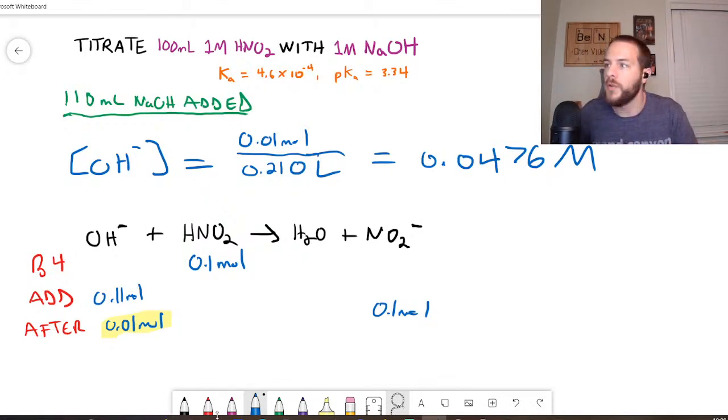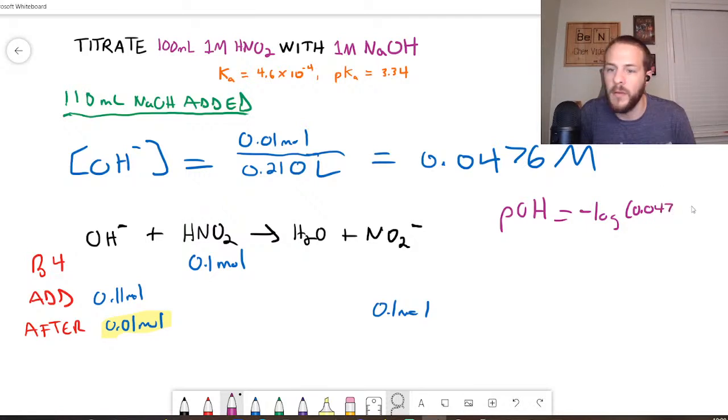And then we can get pOH from that, right? pOH is going to be the negative log of the concentration of hydroxide ion, so negative log of 0.0476. So that is what exactly? Let me type that in. Negative log 0.0476.